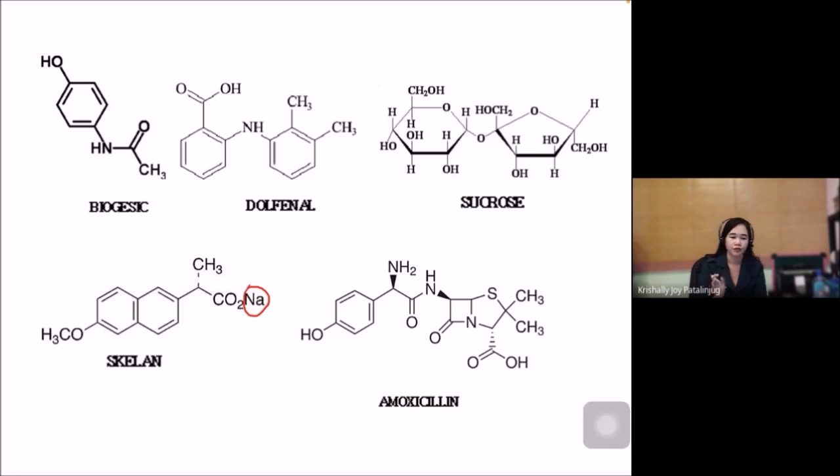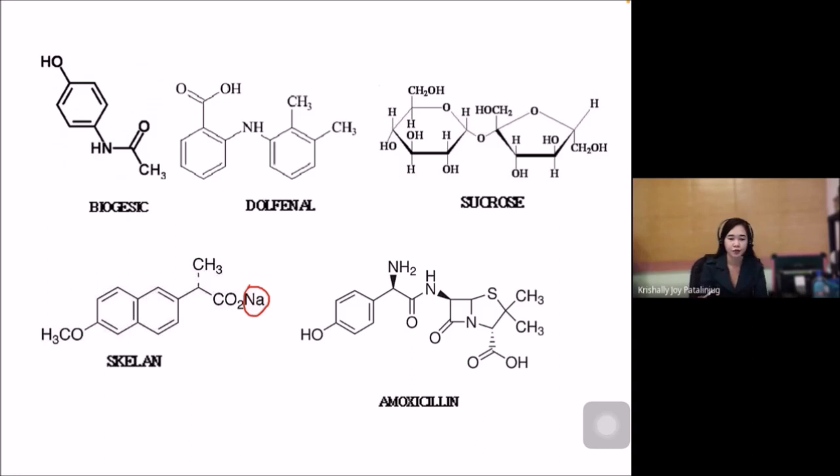So for now, syempre, very complex pa yung structure. You can only understand or appreciate all these structures if you learn the basics about organic chemistry. That is why in pharmaceutical organic chemistry, yan yung aaralin natin, yung foundation muna ng organic chemistry before you understand medicinal organic chemistry, which you will be enrolling in next year.